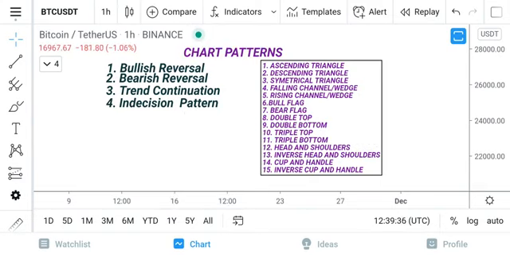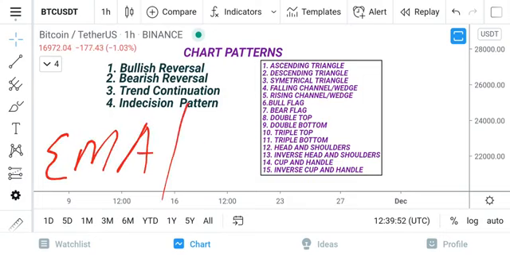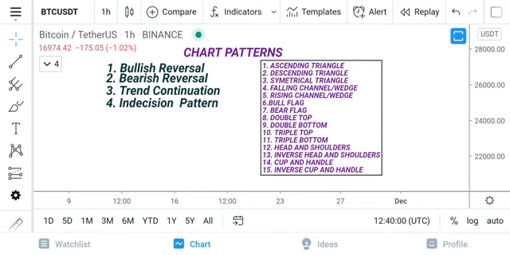So how do you know if the price is in an uptrend or in a downtrend? For you to identify an uptrend and downtrend, you have to use an indicator called the moving average, EMA or SMA. EMA means exponential moving average, while SMA means simple moving average. They work almost in the same way.